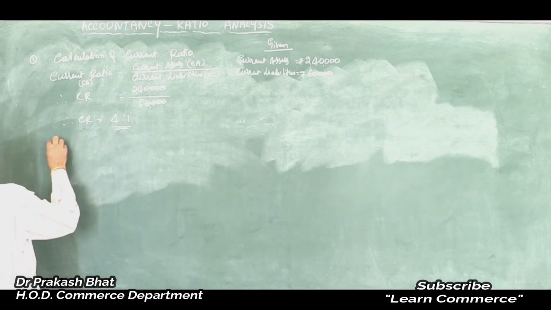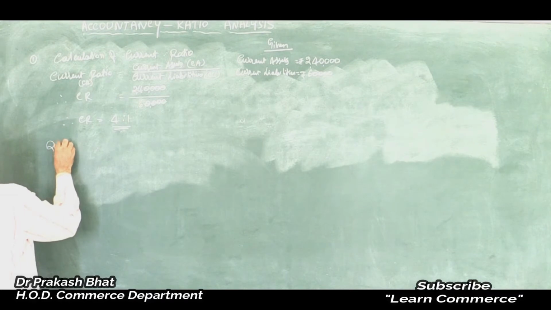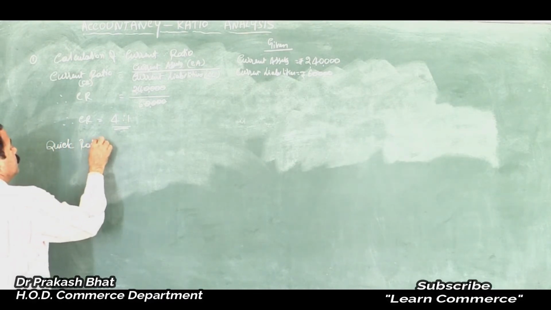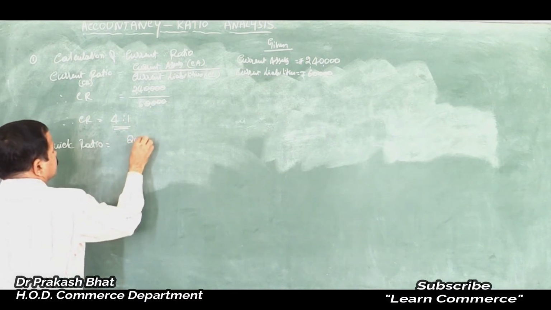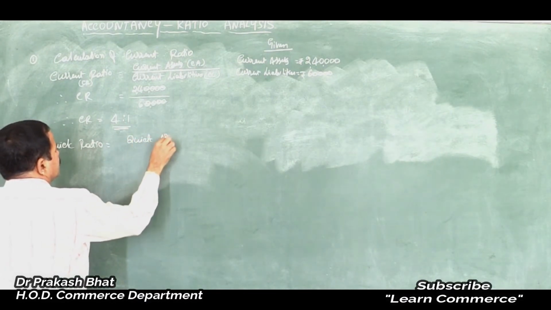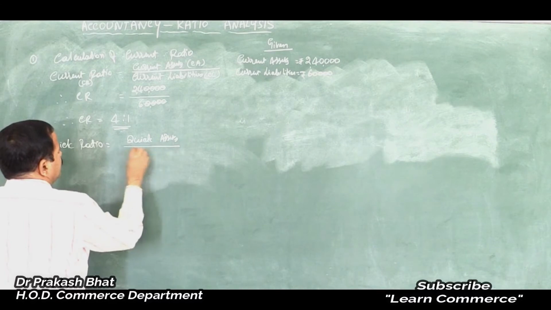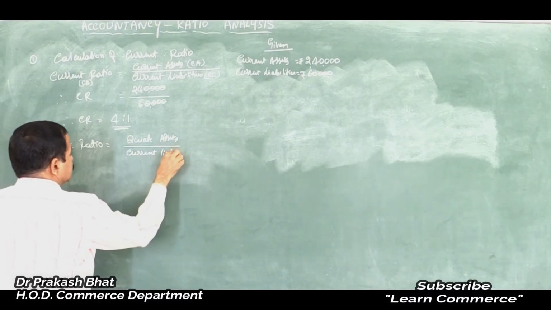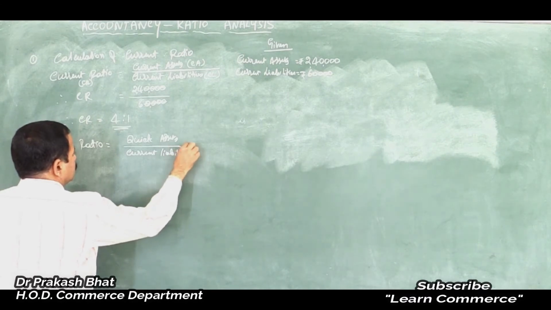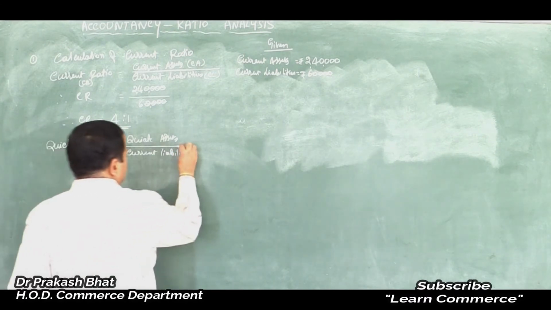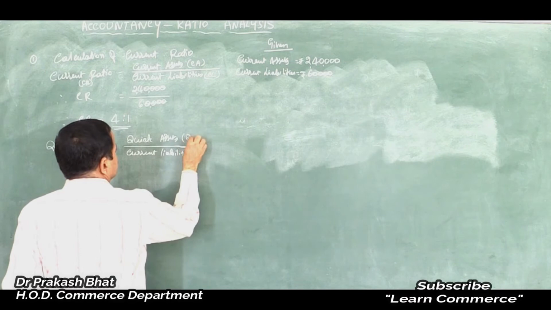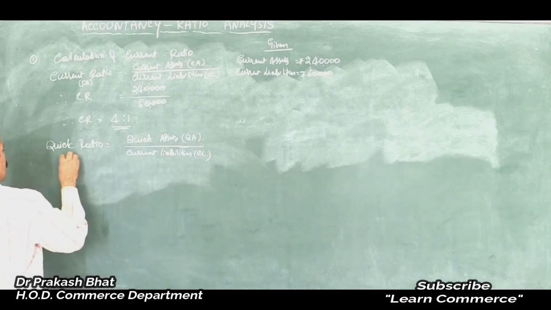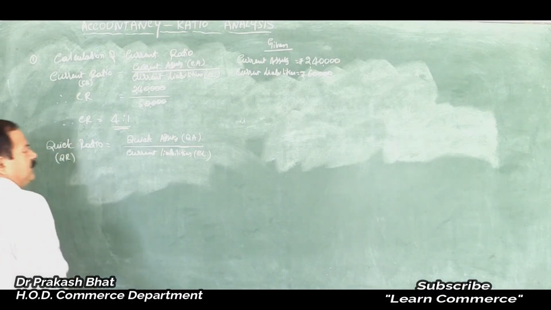Then, quick ratio is equal to quick assets divided by current liabilities. Right here, quick assets QA and CL, here QR, within brackets.